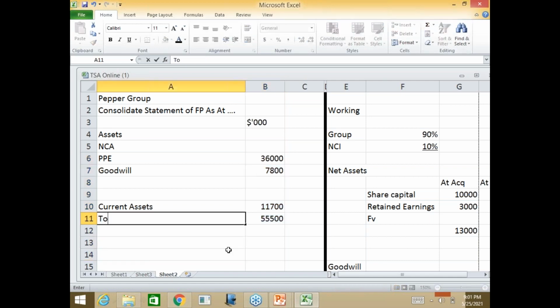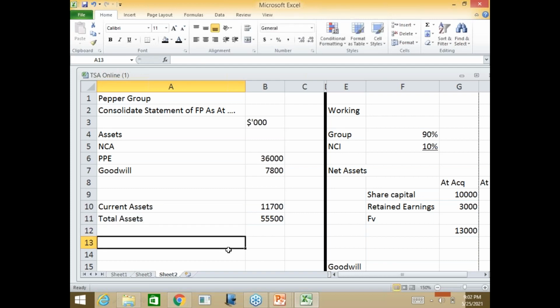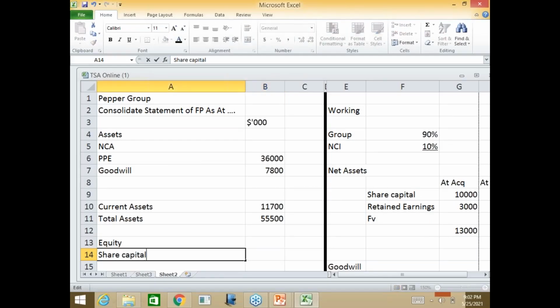That is my total. Then equity of the company. Share capital will always be reported for the parent company, which is 30,000.